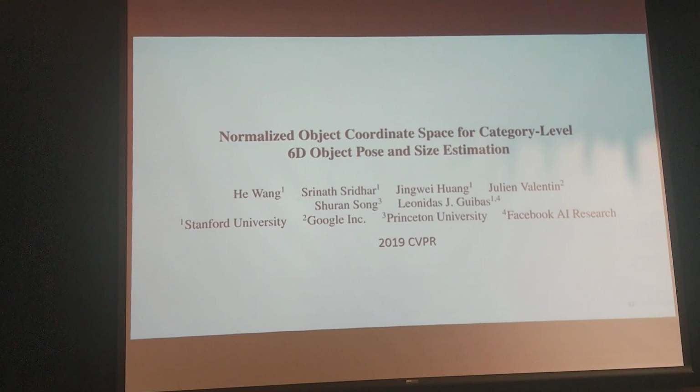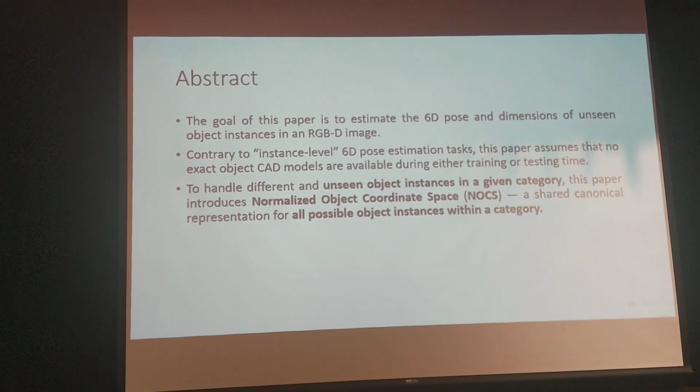In this part, I will introduce the paper as an example of category level pose estimation. The first and second sentences refer to the goals and the main idea of this paper.